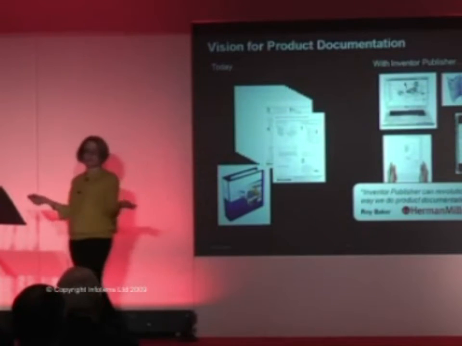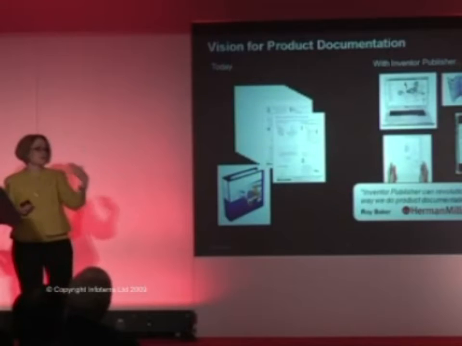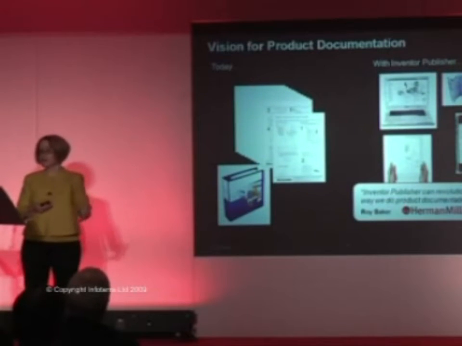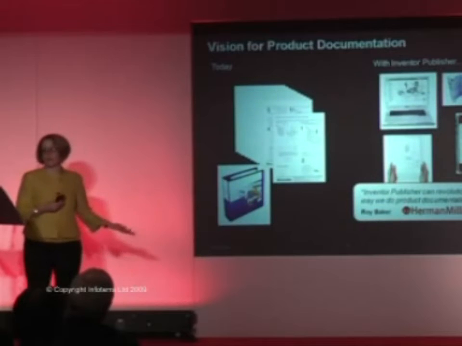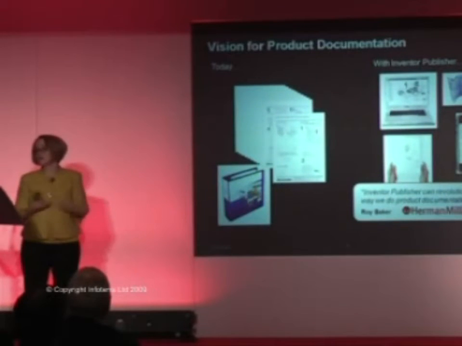Or assembly instructions. How do you show someone in a very intuitive way how to put something together? Maybe that person is down the hall, maybe that person is around the world. But how do you improve this kind of communication in a way that's not a huge burden to the engineering team? So we've been piloting this product.